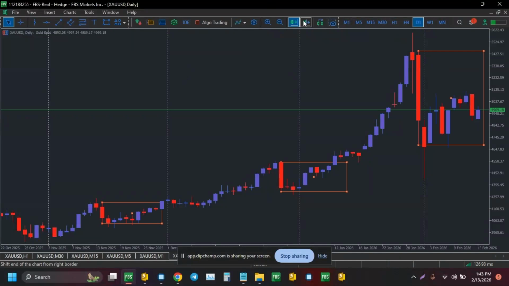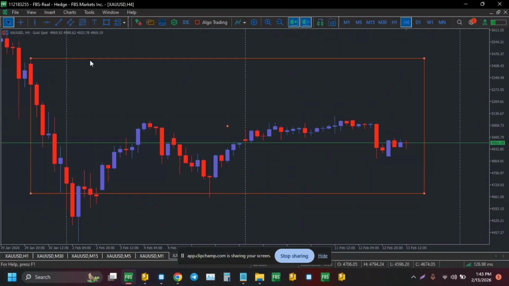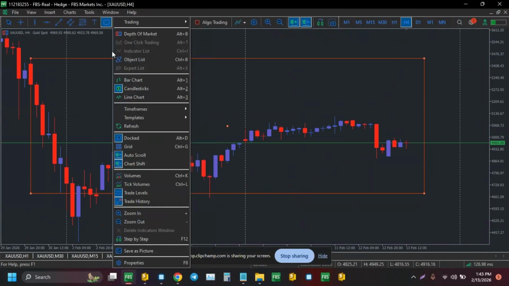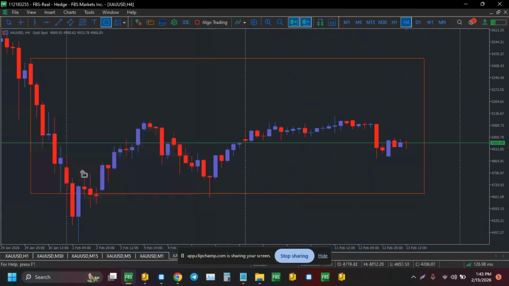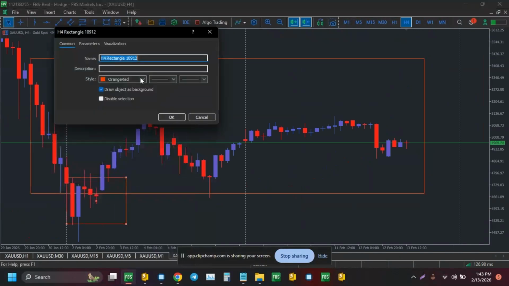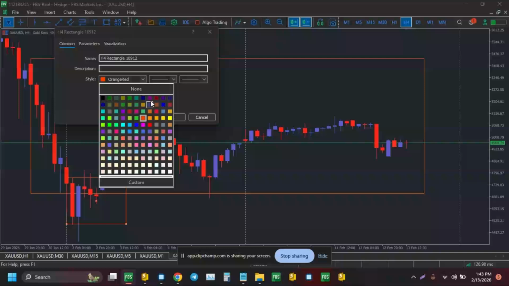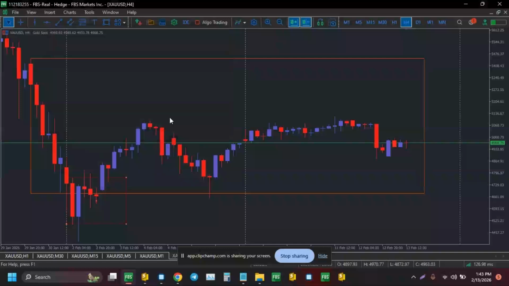Let's see what happens since then. You can see we have it printing again and again. Let me change the color for this time frame to, let's say, blue.